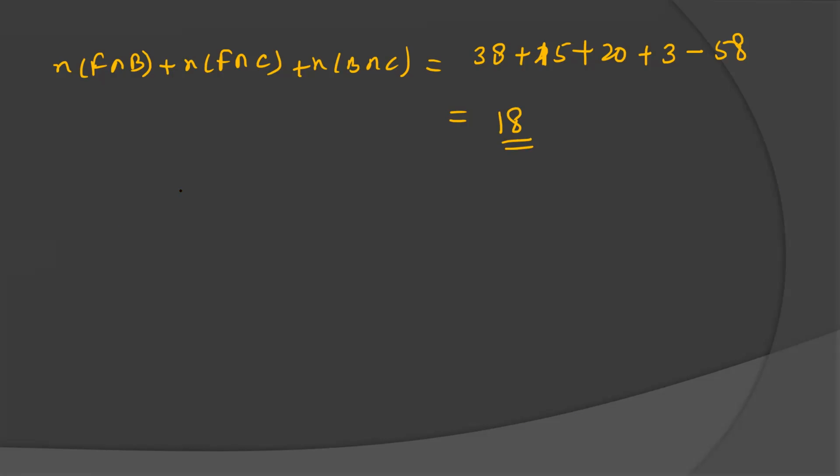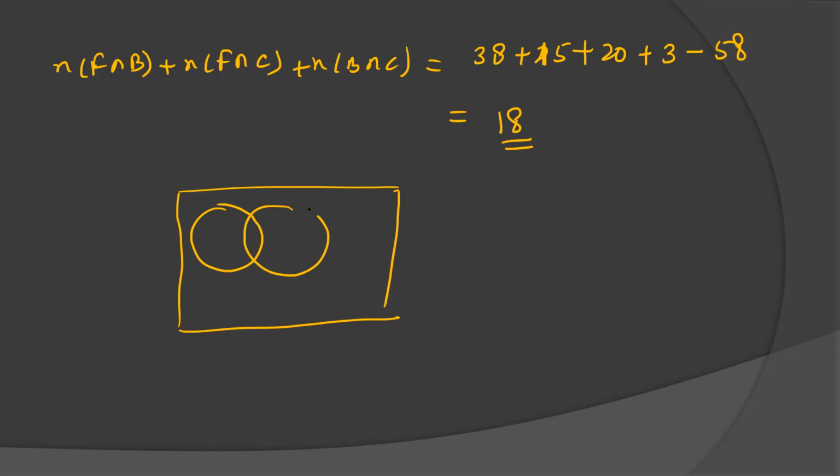Now, the next is using the Venn diagram to solve this problem. This is your football, this is your basketball, this is your cricket. There are 3, and you don't know the number here, so you have to use A, B, C, D. You have to let here A, B, C, D, and many unknowns you will get.